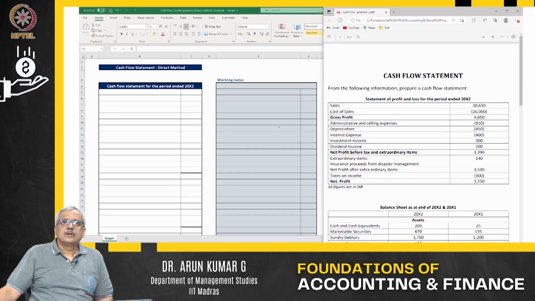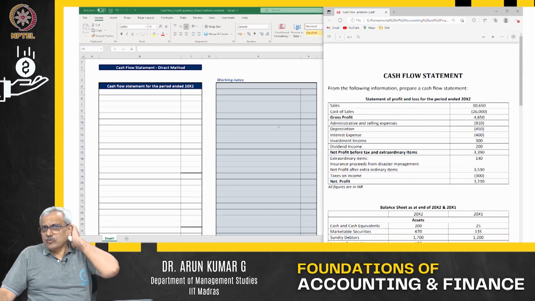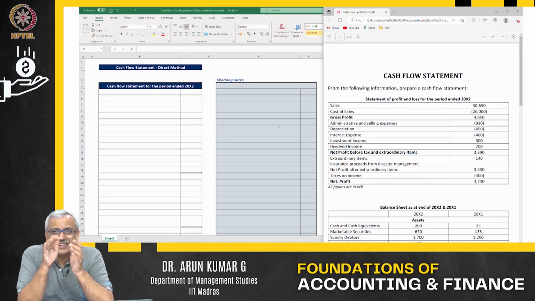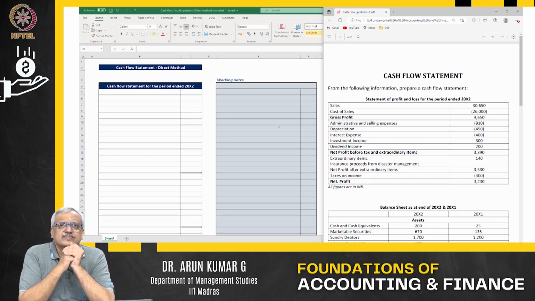We prepare both direct and indirect method for the same problem so that you will be able to comprehend better what the difference between the direct and indirect is.